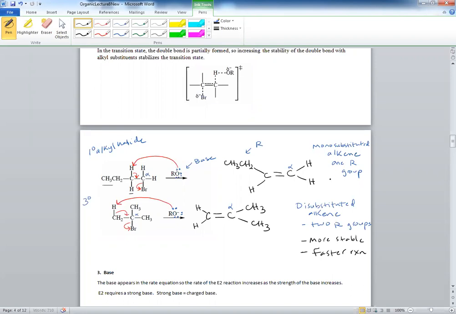This one would be less stable, which obviously would give you a slower reaction. So again, the more substitution you have, the more stable. Here are your R groups. So that one obviously has two R groups.